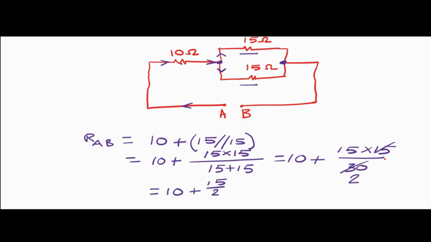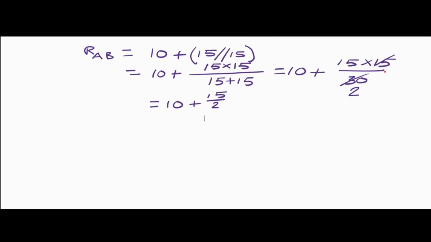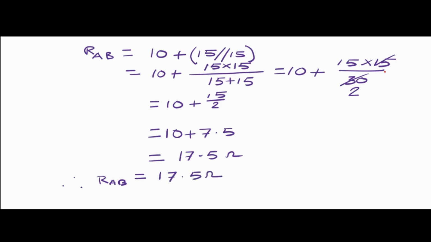What is the value? 15 by 2 means 7.5 ohms, so 10 plus 7.5 is 17.5 ohms. Therefore the equivalent resistance RAB between terminals A and B is 17.5 ohms. That is your answer.